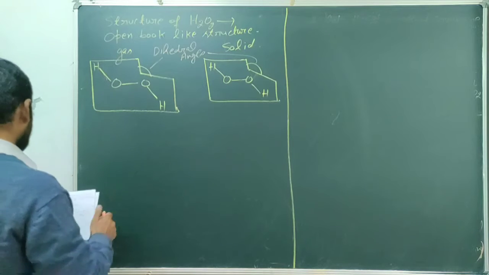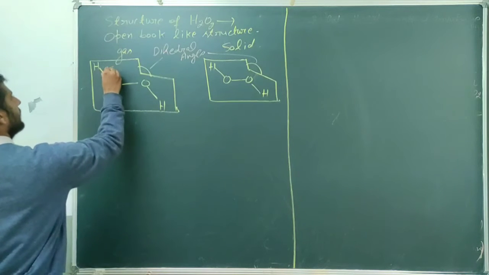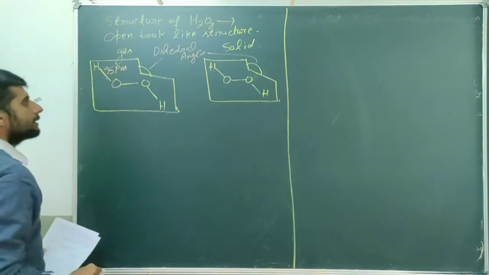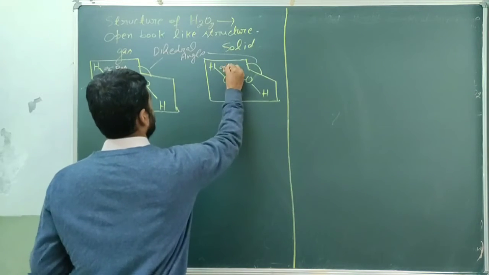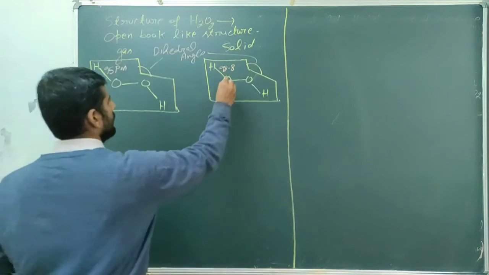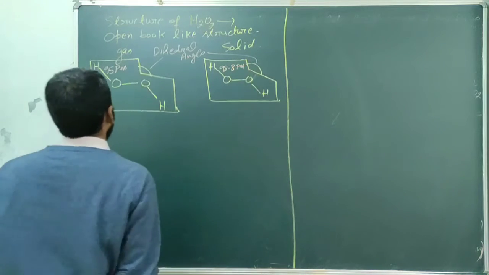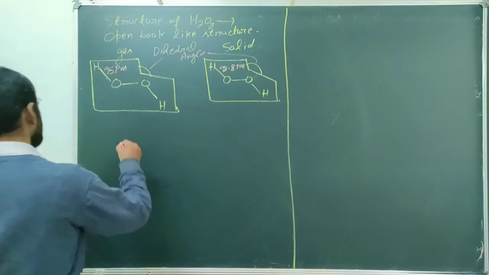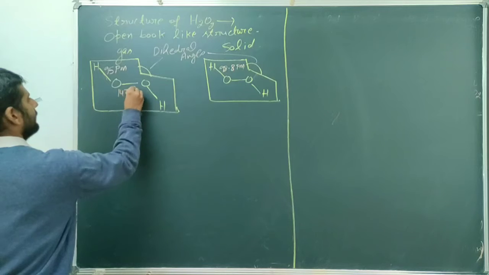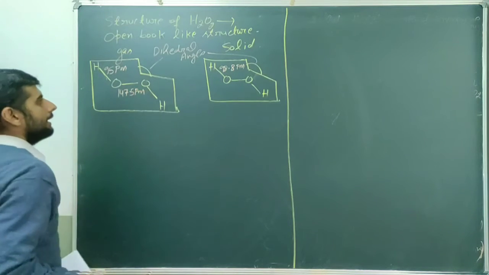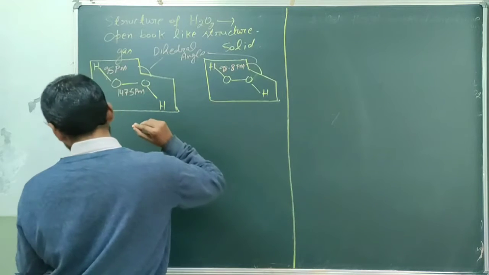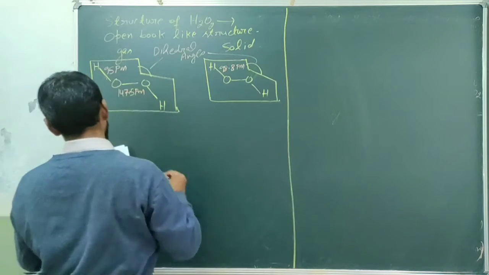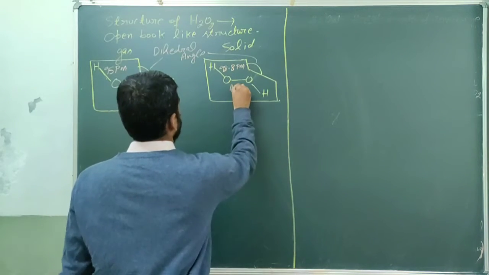So the OH length is 95 picometer in gas phase, but here it is 98.8 picometer. Okay, and the OO bond length here is 147.5 picometer, and here it is 145.8.